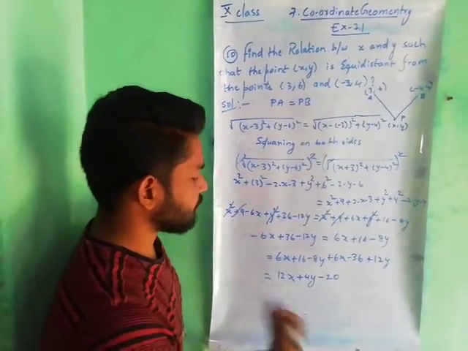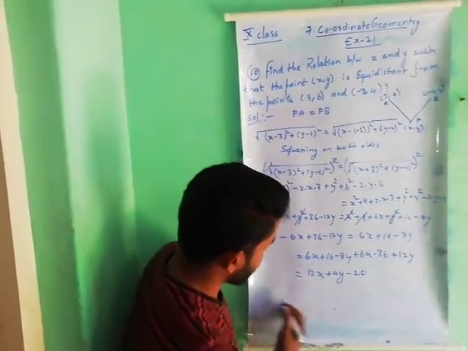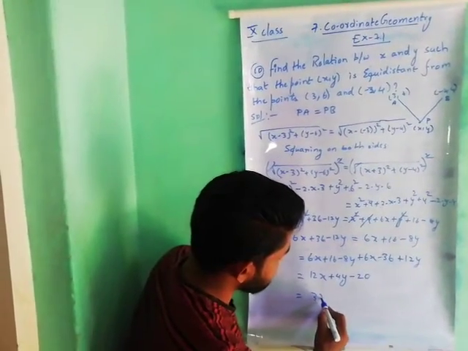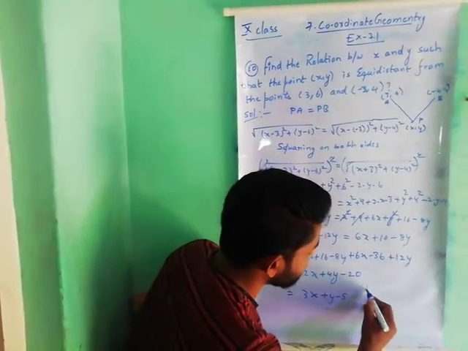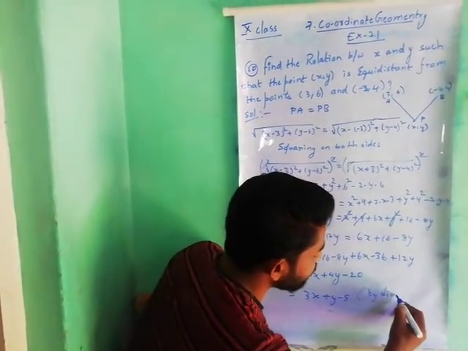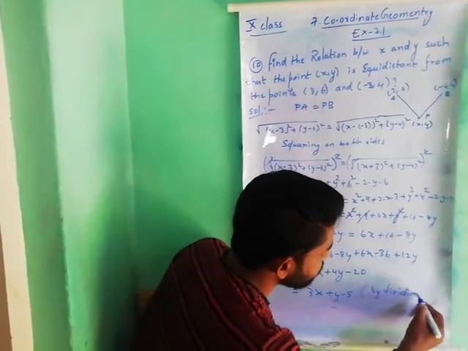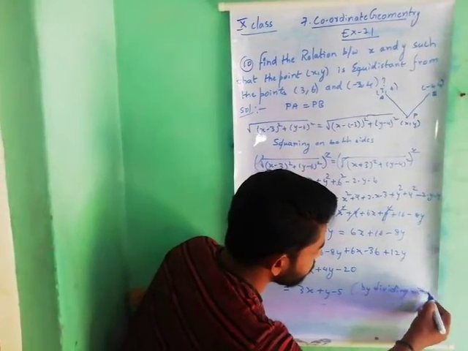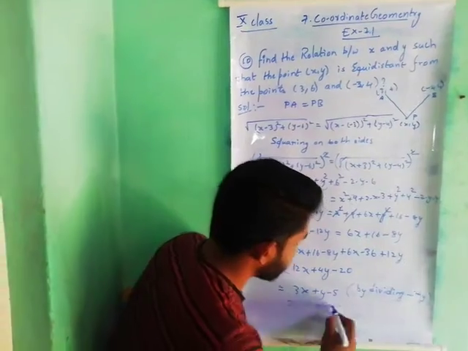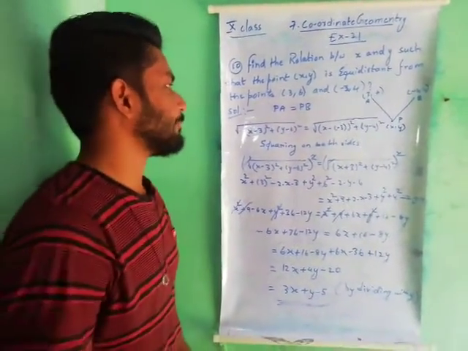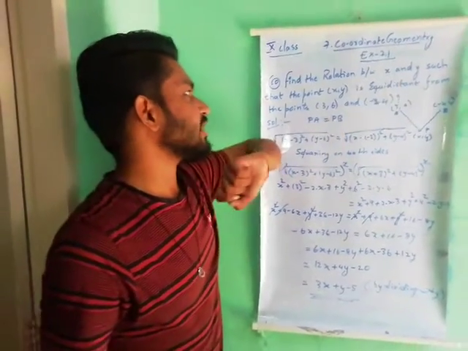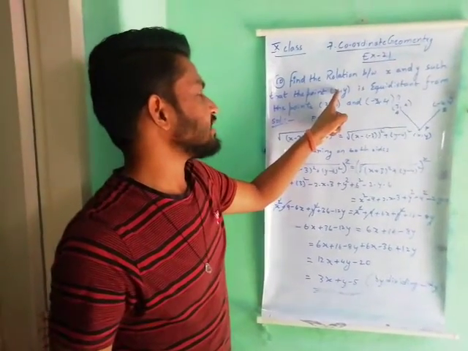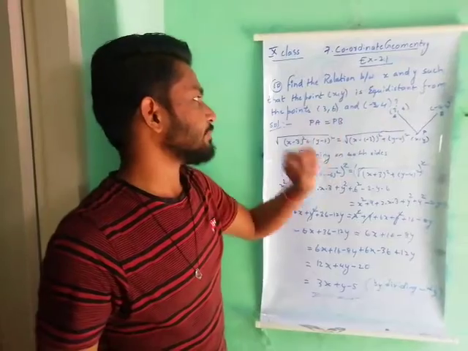Okay. Now we have to divide by 4. 3x plus y minus 4 by dividing with 4. This is the relation between x and y. Okay. Once again, here we have to find out the relation between x and y. Given condition is this point is equidistant from 3, 6 and minus 3, 4.